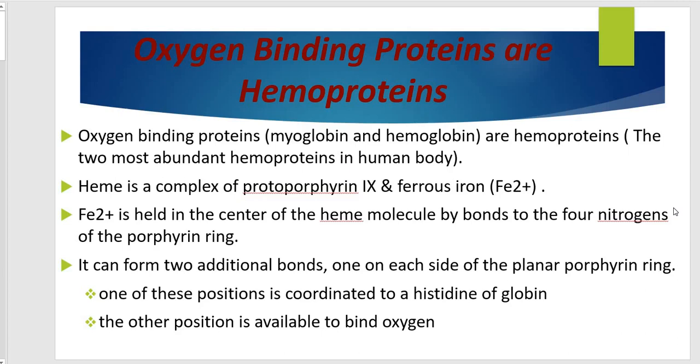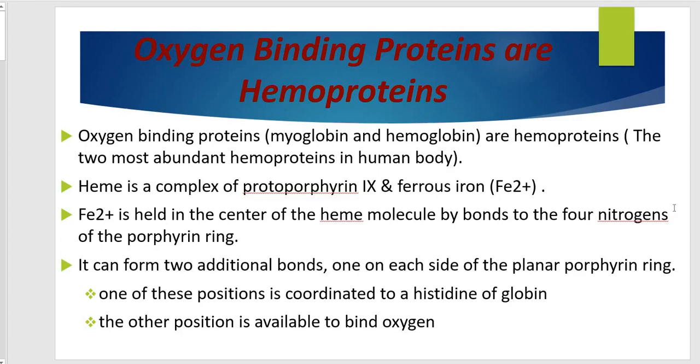It can form two additional bonds, one on each side of the planar porphyrin ring. One of these positions will be bound to oxygen, and the other will be bound to a histidine amino acid, which is present in the globin protein part of hemoglobin or myoglobin.